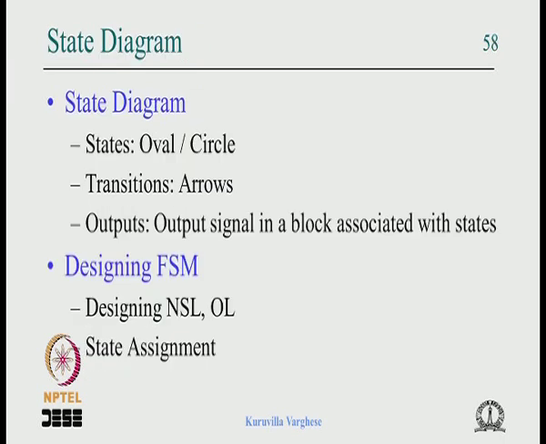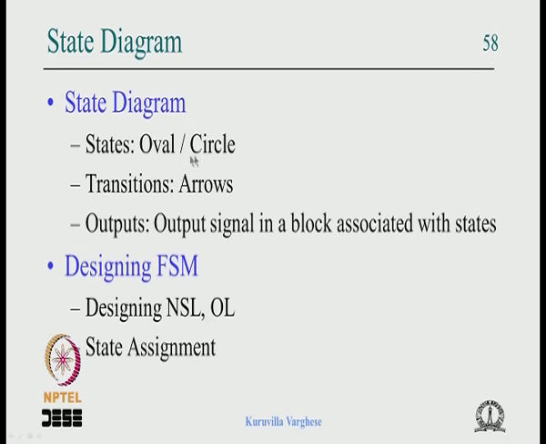What we are trying to represent is the states, the inputs, and the state transitions. Like, you say a particular input came in a particular state, then it transits to another state, and in each state it produces some output.